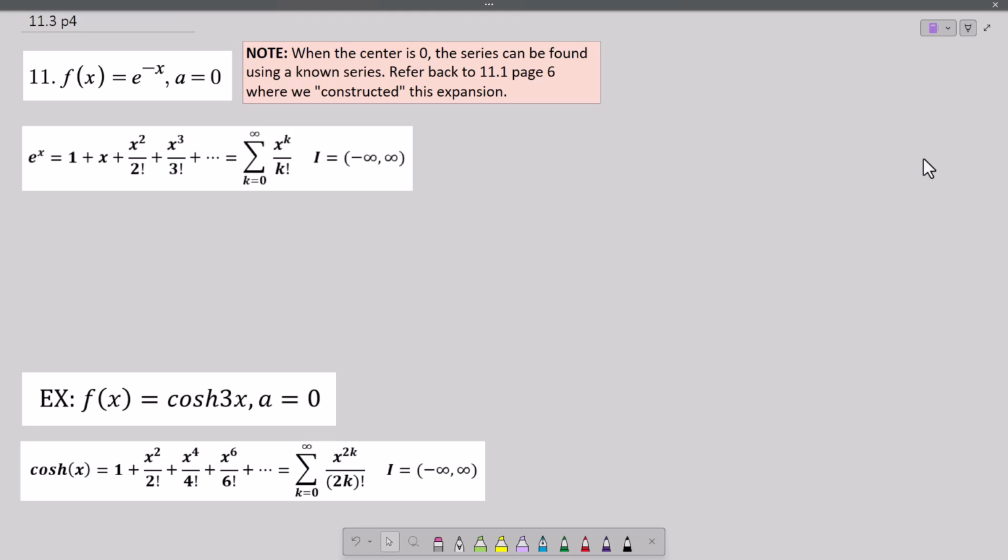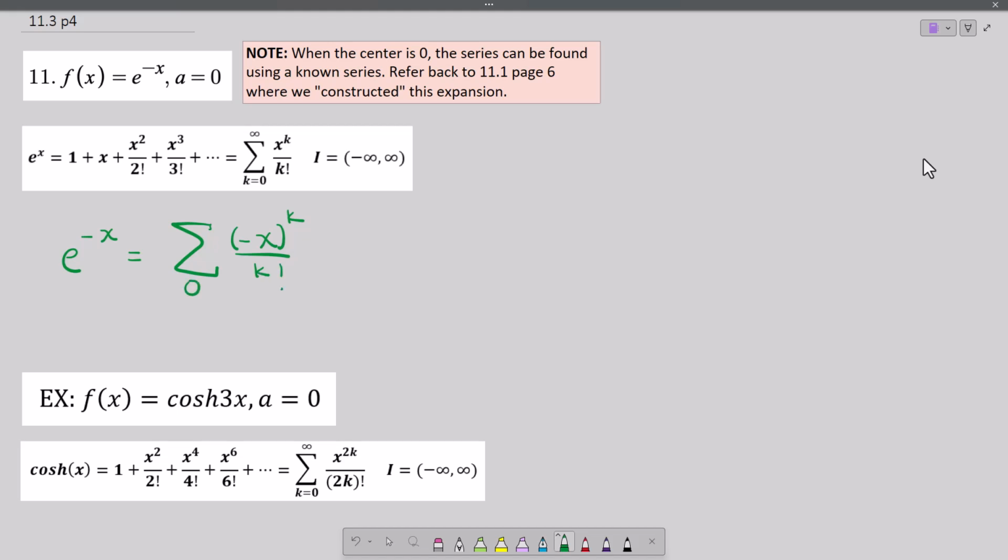Negative x. That's it. And then you have the power series for e to the negative x. So e to the negative x is the power series for e to the x with the x replaced with negative x. Still starts at 0.